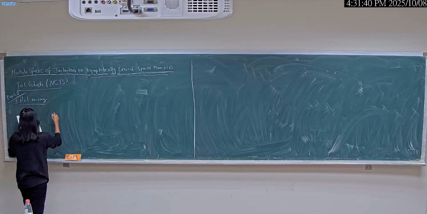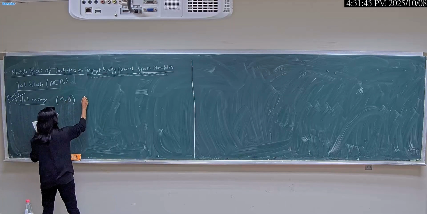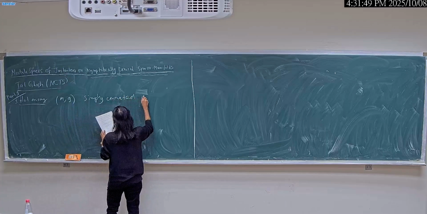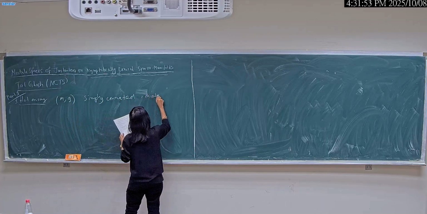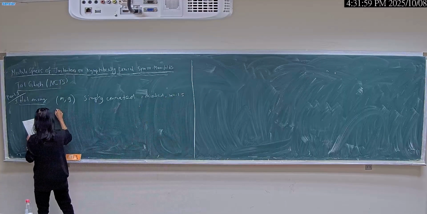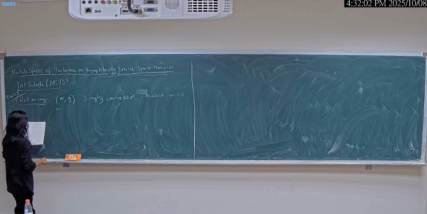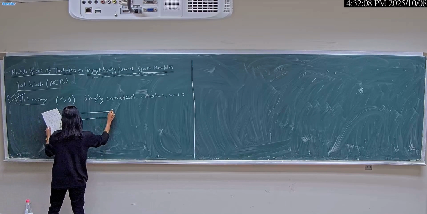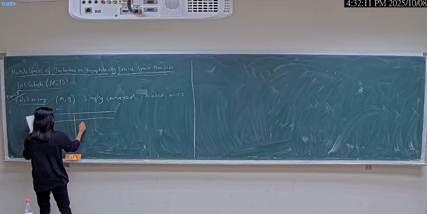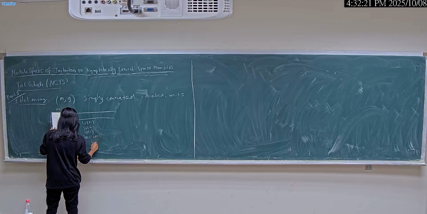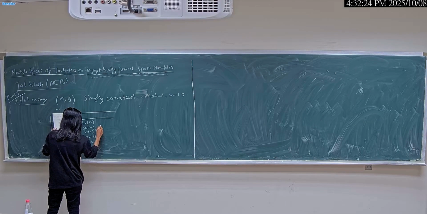Very quickly, if I have a Riemannian manifold, simply connected, oriented, non-locally symmetric and irreducible, then all possible holonomy groups of the manifold are U(n), SU(n), Sp(n), Sp(n)·Sp(1), G2 and Spin(7).